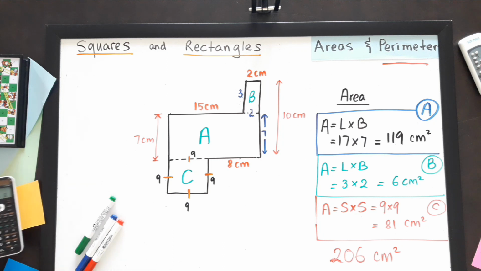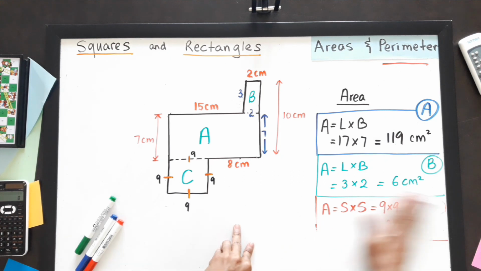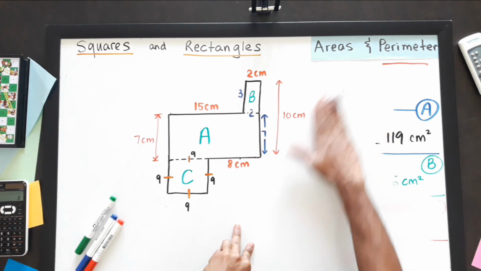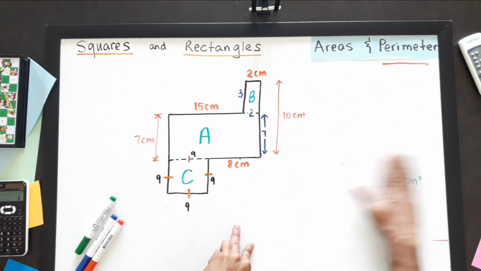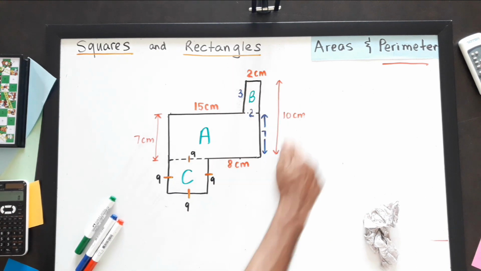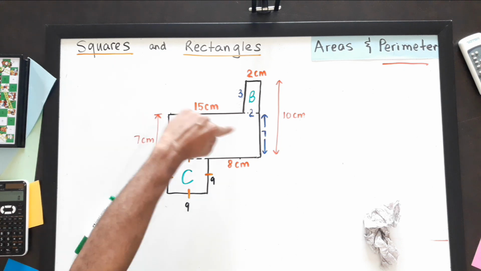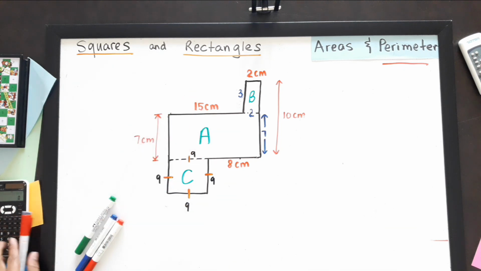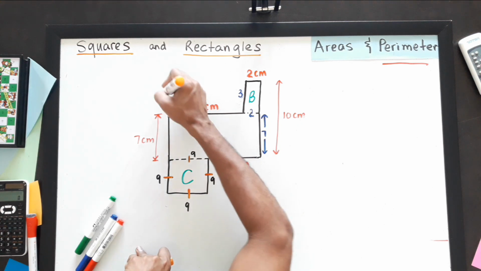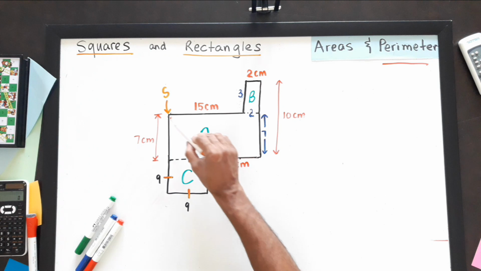But let's assume that the examiner also asked us to find the perimeter. This is the one that gives a little bit of problem, because when you are doing the perimeter, you're going to pretend you are running around the shape, not through the shape, around the shape. So since this one has so many sides to run around, let's designate a starting point and a finishing point. Let's say over here is the starting point. So let's put S. And it's a race.